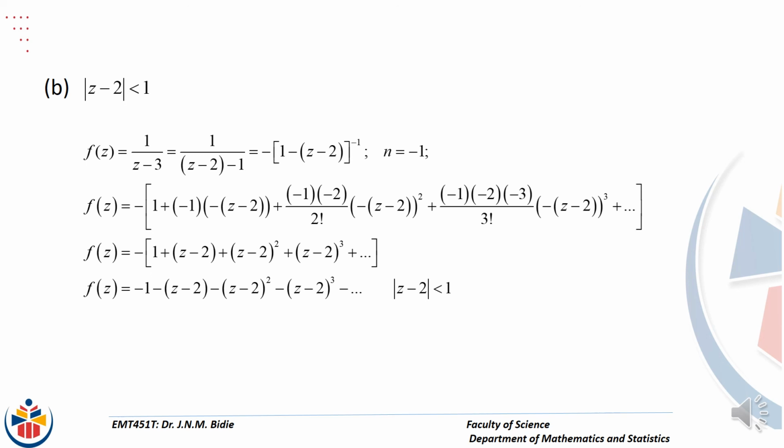Simply simplifying this whole thing, it gives us 1 plus z minus 2 plus z minus 2 all squared plus z minus 2 all to the power 3. And then thereafter, we multiply by that negative. Please remember, once you've written your answer, don't forget to write the region of validity.